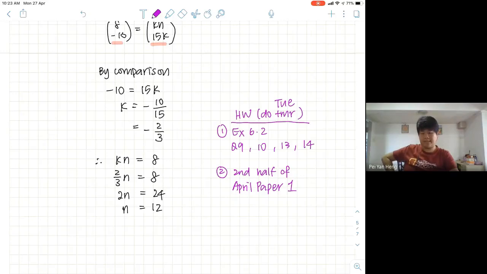Please do your homework and also finish up the April paper. If you are missing the March paper and you want me to send you the soft copy, please let me know. Type in the group chat to alert me.